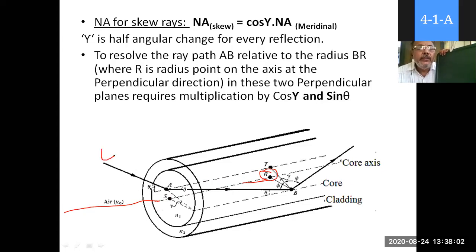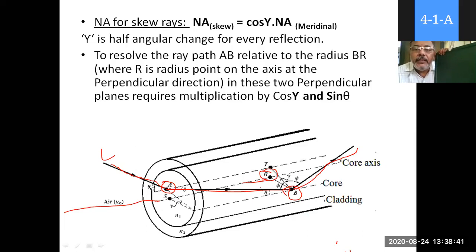So whenever a light ray enters the core through the point A, it passes like this and touches at the point B, somewhere inside the solid. So when it touches here at point B, it reflects back.